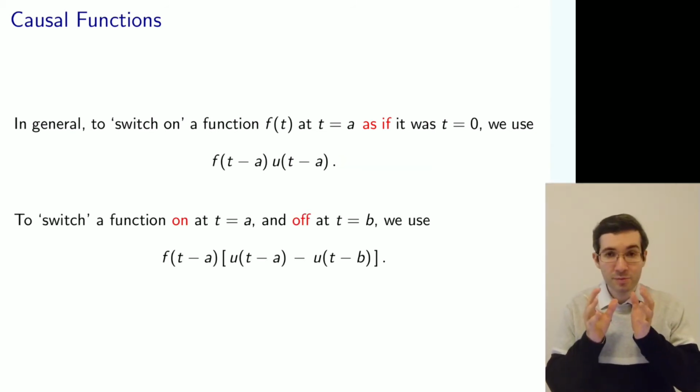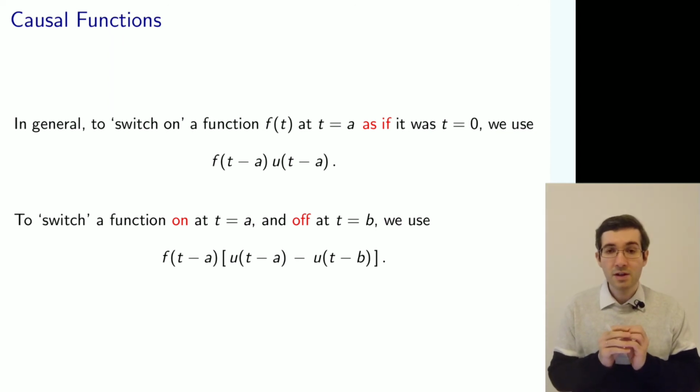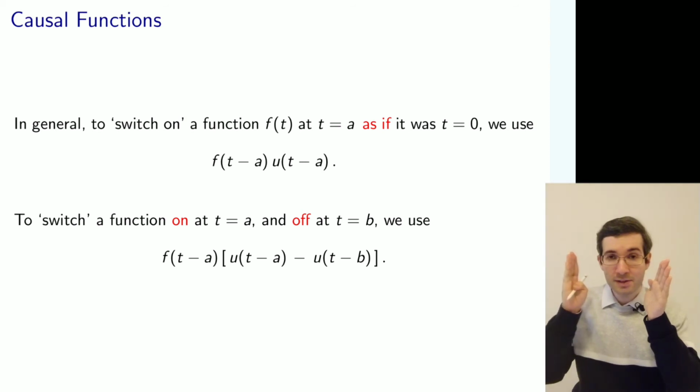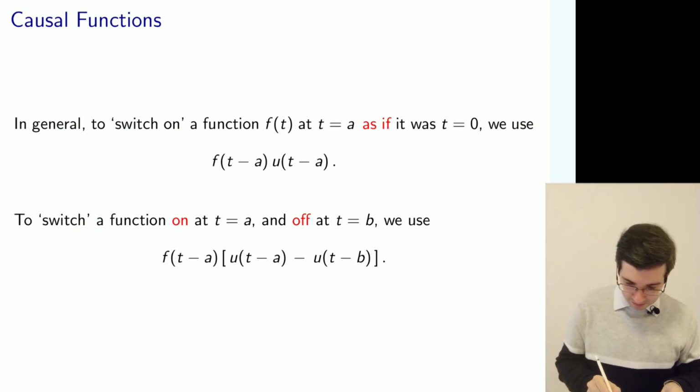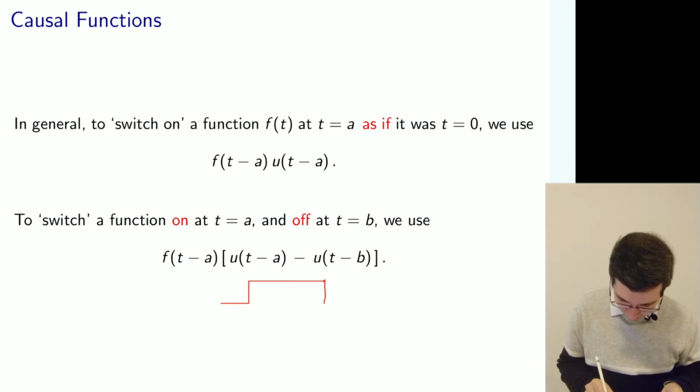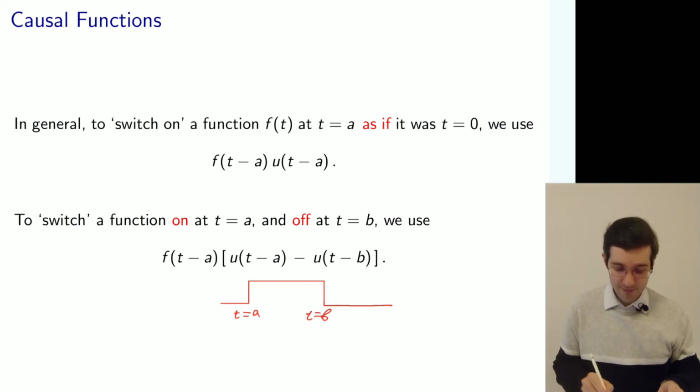And we also can do even more fancy things. We can switch on at one time and switch off at a later time. So here we effectively apply two unit step functions. So first we switch it on at time a and then we switch it off at time b.